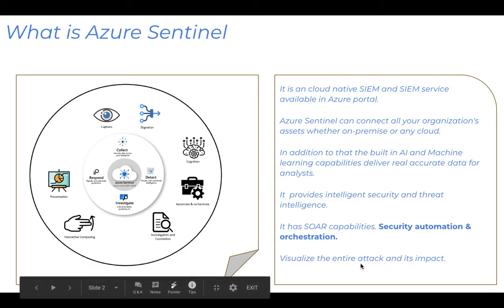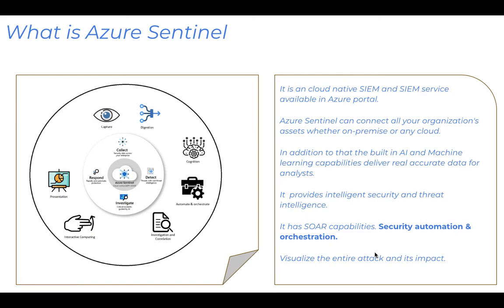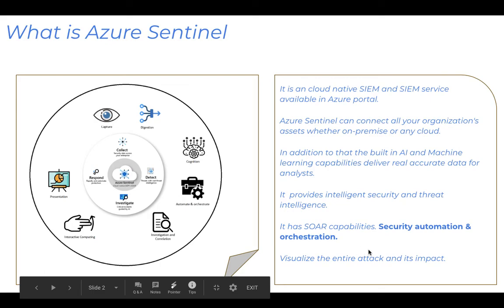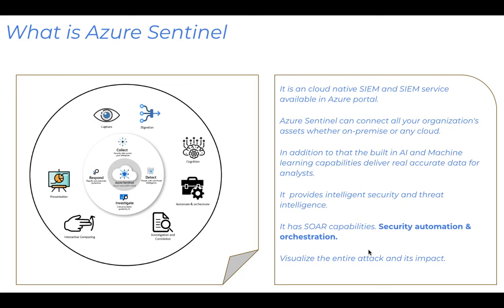At the same time, it is possible to run a playbook. There are capabilities within Azure Sentinel where it can show you the full graph and the full path of how this particular attack is happening, and give full information about the attack or alert once you click on it.